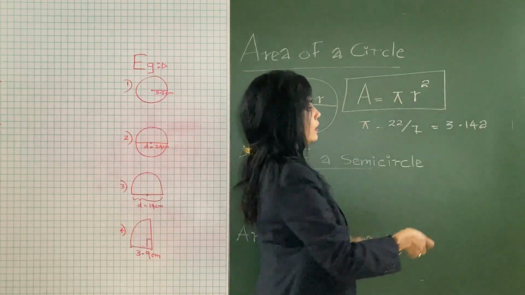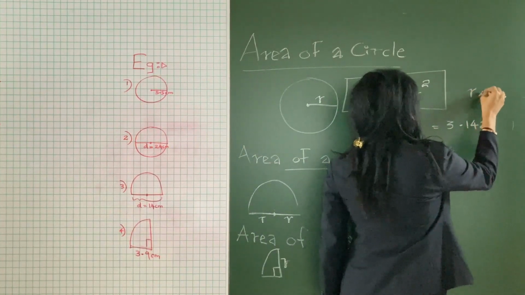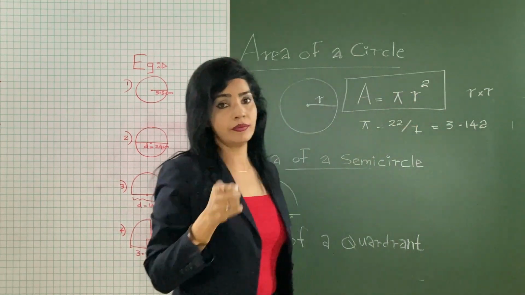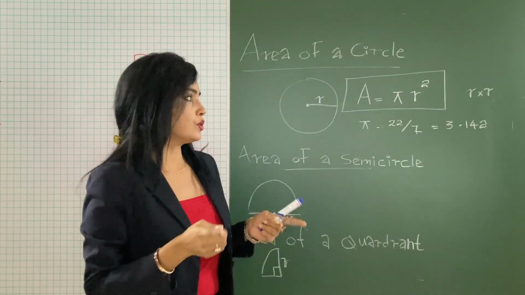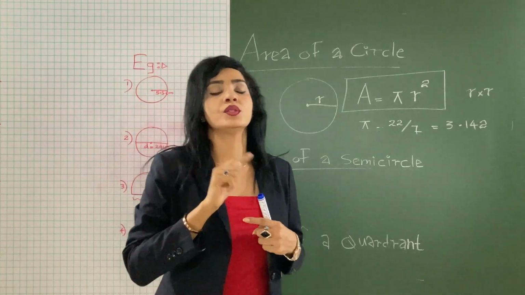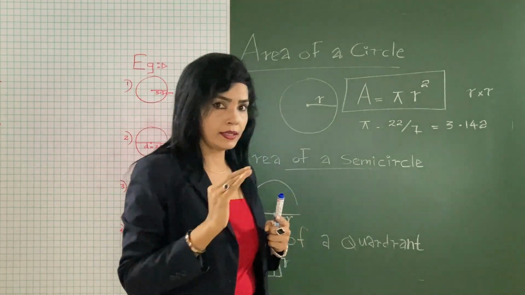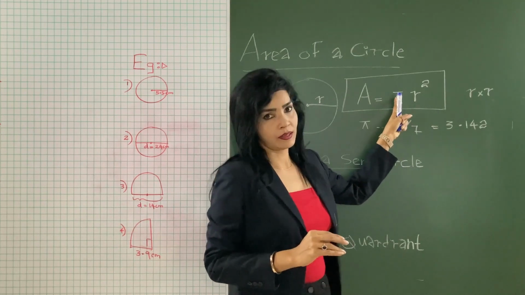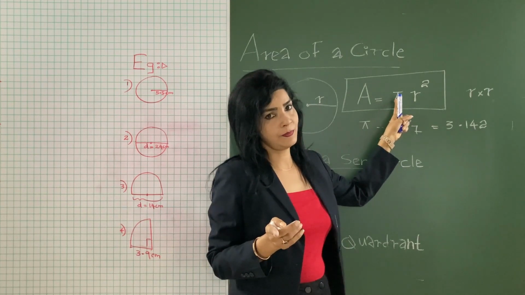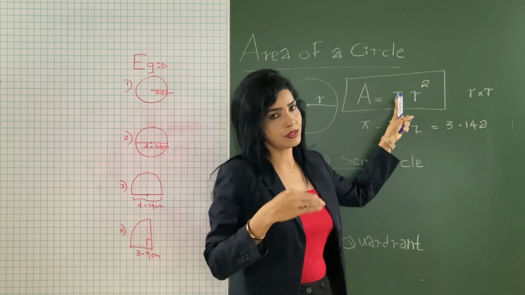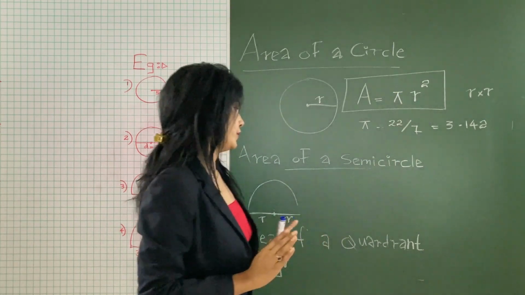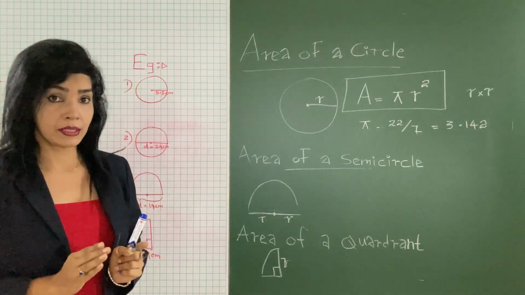When you have r into r, it comes to the square unit. So you should not mix up 2 pi r or pi d with pi r square. Hope you can remember now, what is the area of a circle? Pi r square. Tell once again, what is the area of a circle? Pi r square. Good.